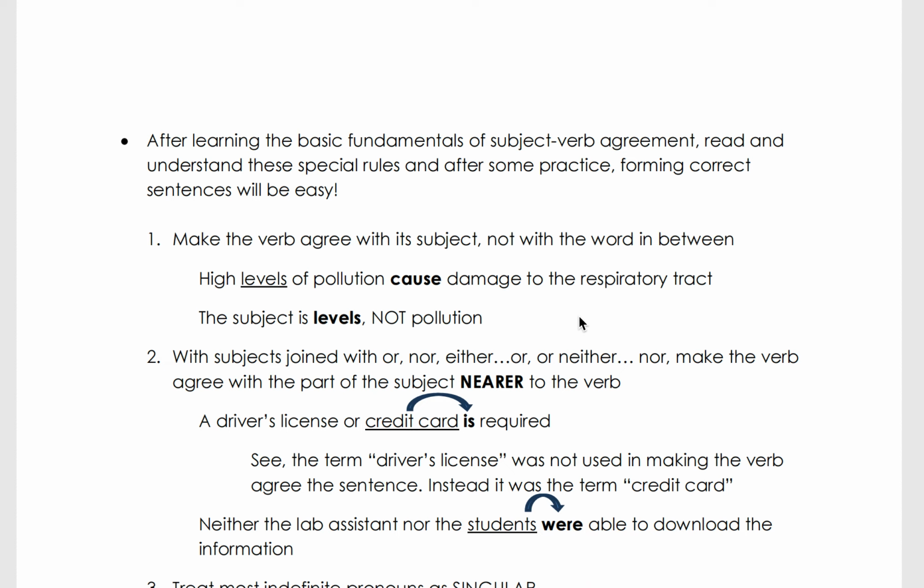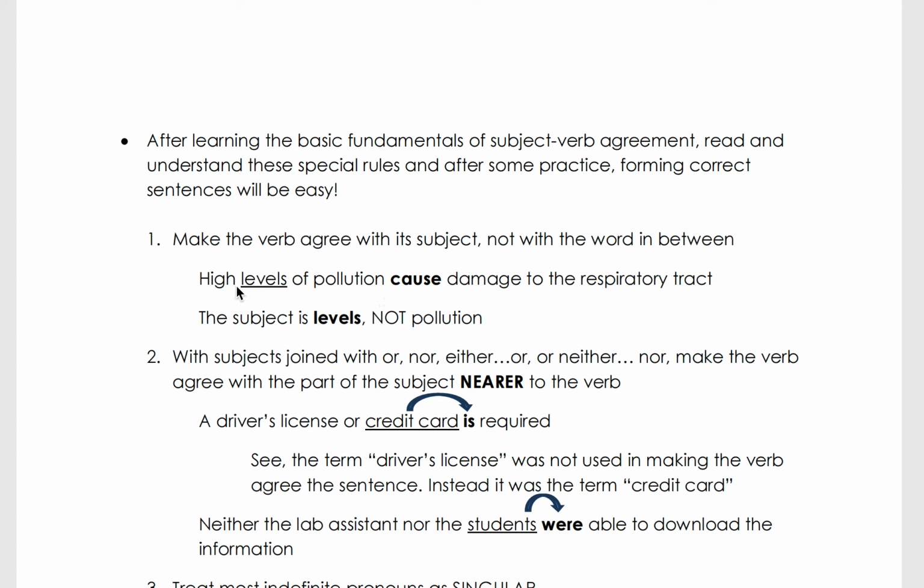The first rule that you have to remember is to make the verb agree with its subject, not with a word in between. So what does it really mean? Look at this: high levels, and you also find pollution here.